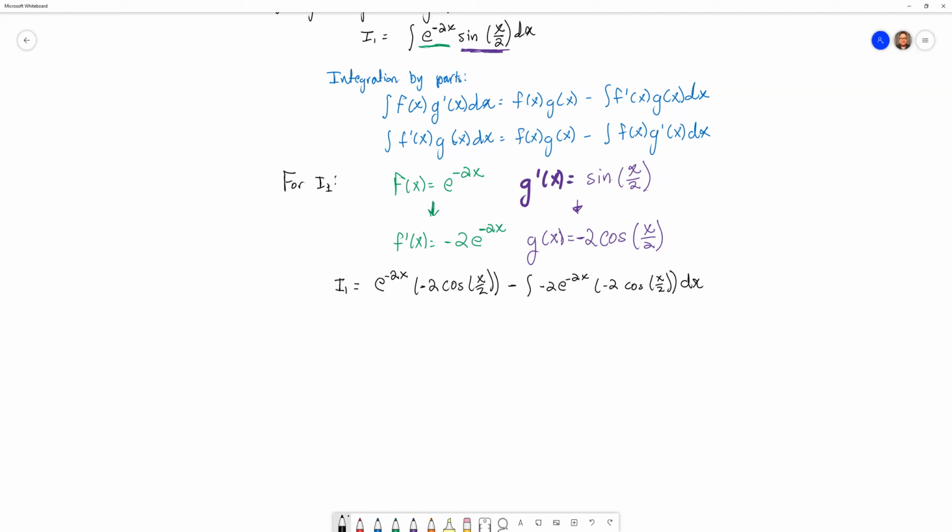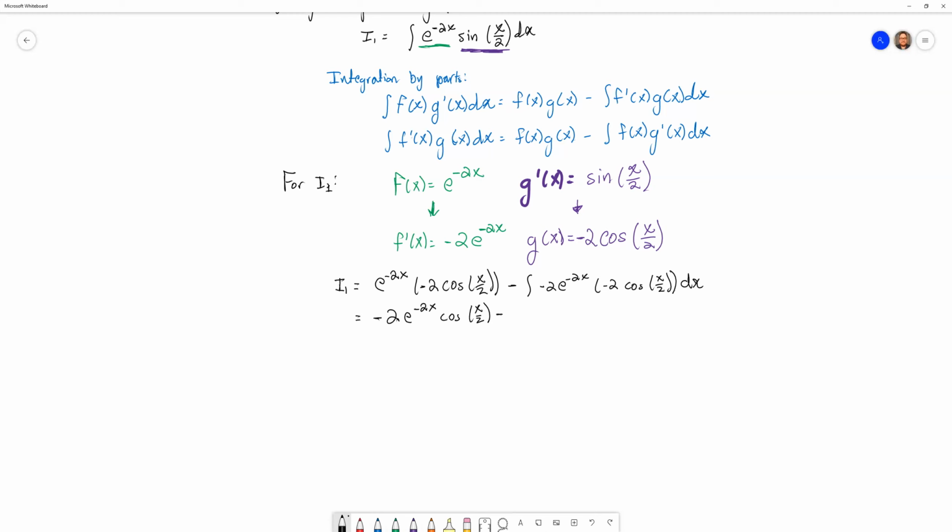And so that is our integration by parts there. And so what we'll actually do is just do some simplifying to start. So the next line, let's take this -2 and put it out up front. So minus 2 e to the minus 2x times cos x by 2 minus.